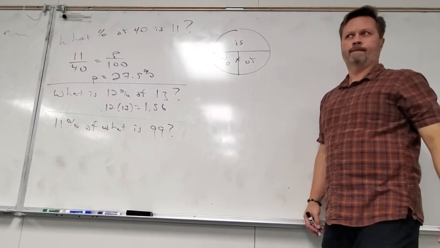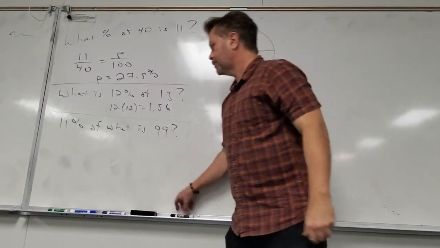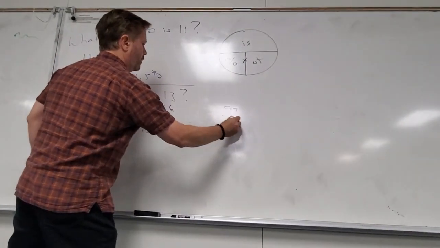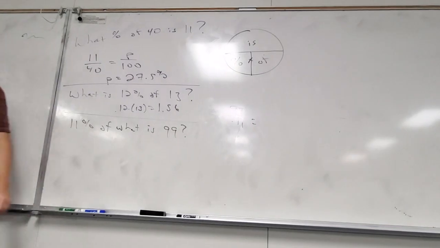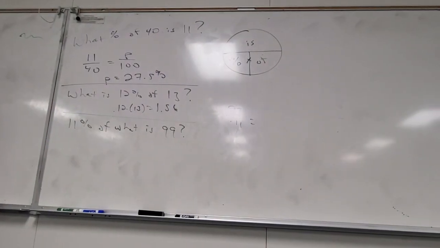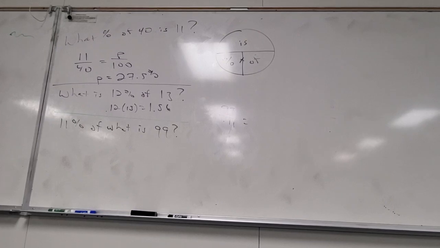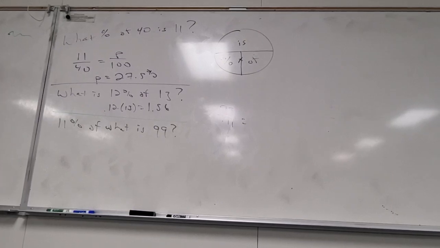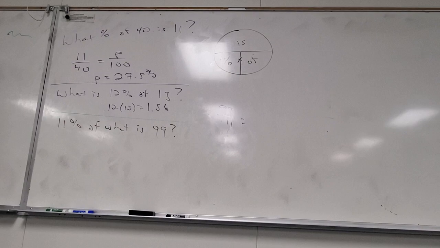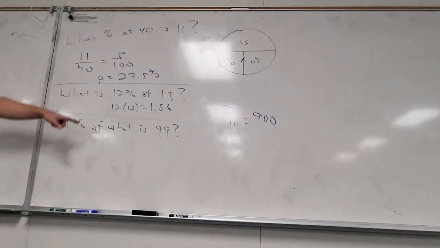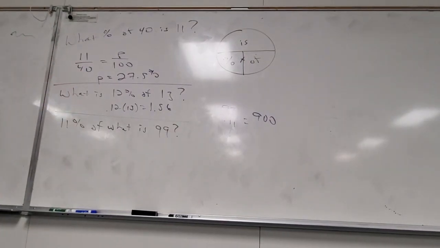Okay. So that would be 99 divided by 0.11, right? And what do you get? 900, yeah. And you can double check it, right? You can do 11% of 900, and you can see that it is 99.